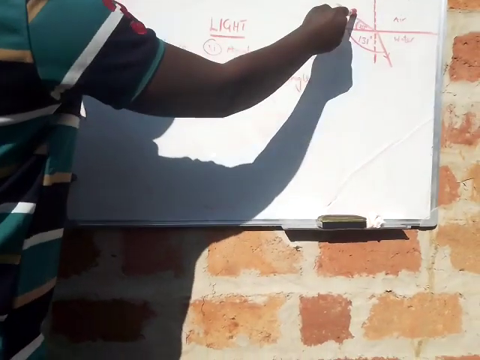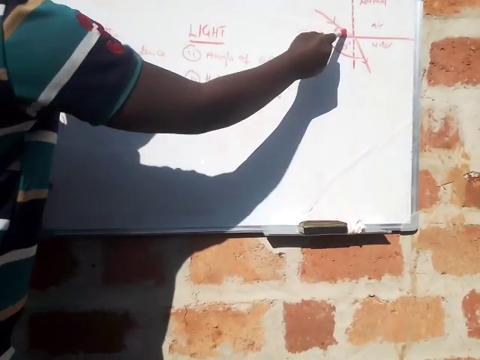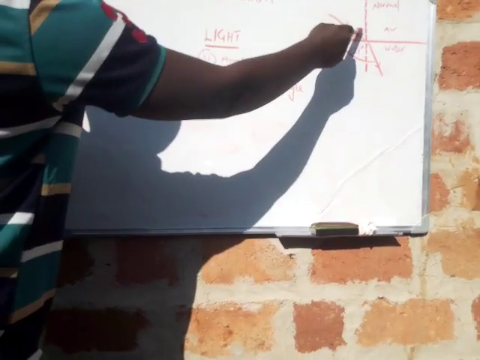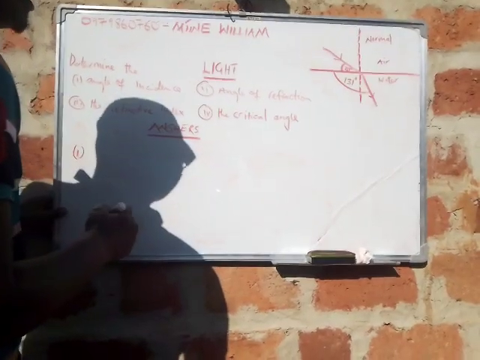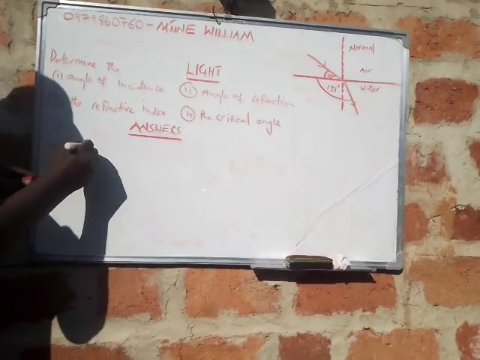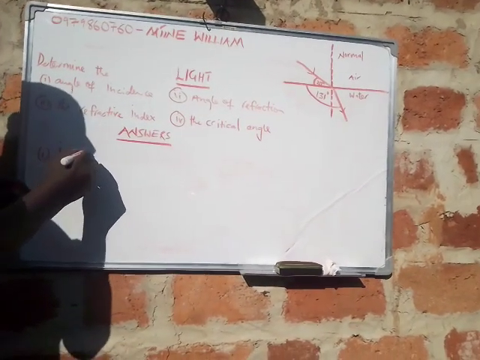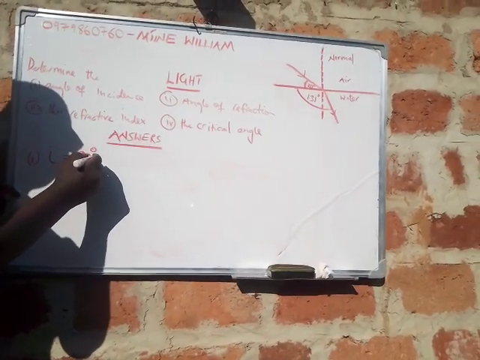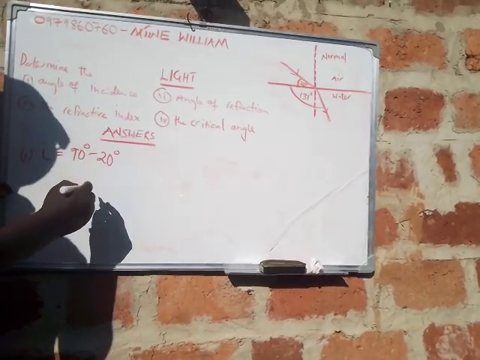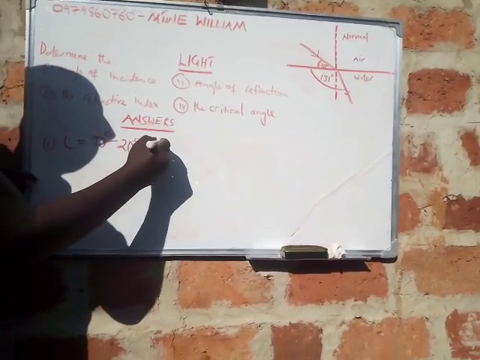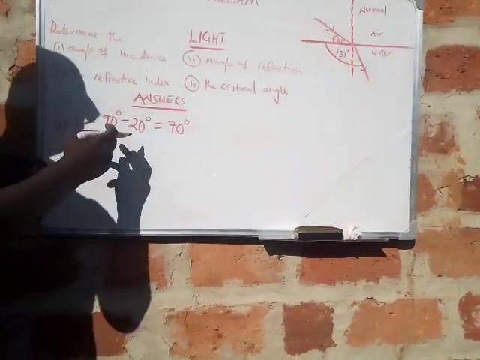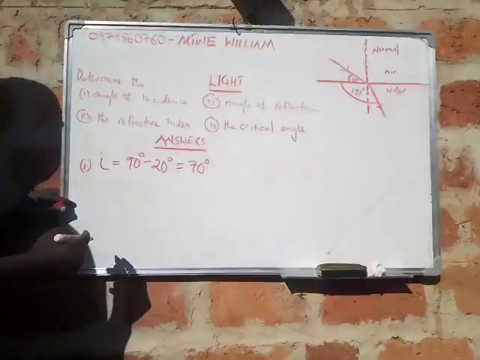So if we have 90 degrees here and 20 degrees here, what we have here is 70 degrees. We can even prove it: the angle of incidence is equal to 90 degrees minus 20 degrees, which gives 70 degrees. So this is done for the angle of incidence.